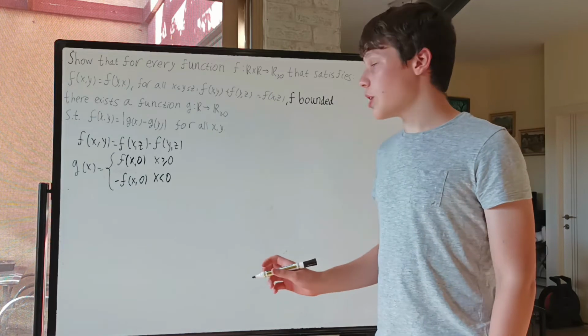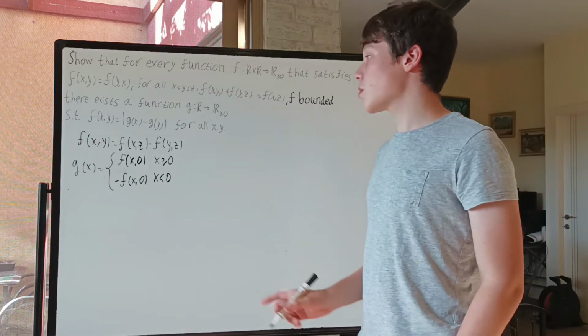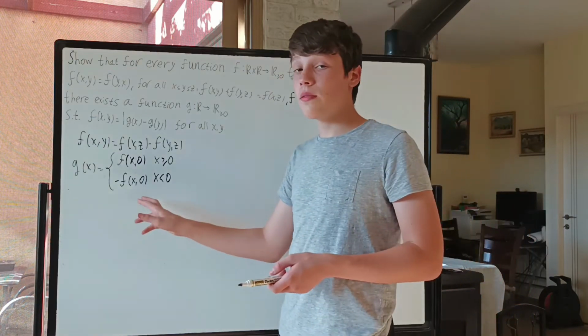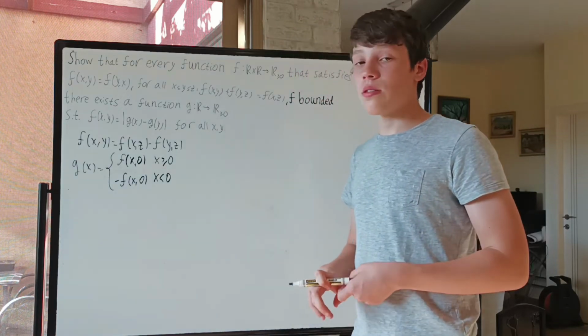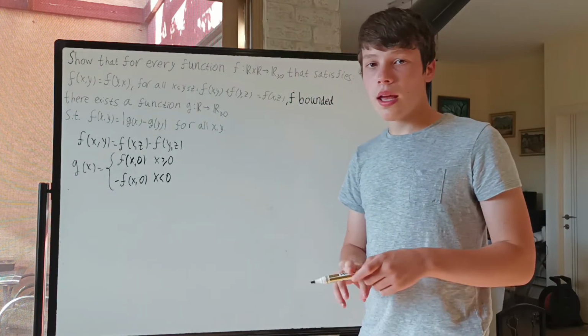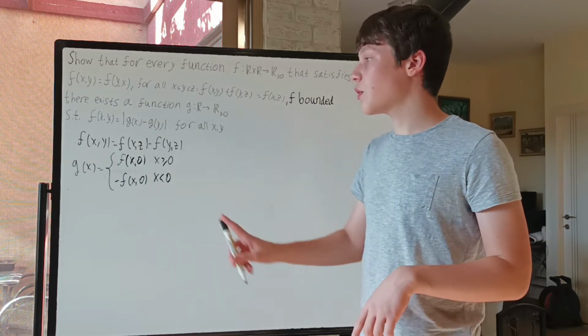First of all, g of x is not from R to R greater than or equal to 0, since this is negative for x that are negative. But we'll fix that. For now, let's see that this function works.